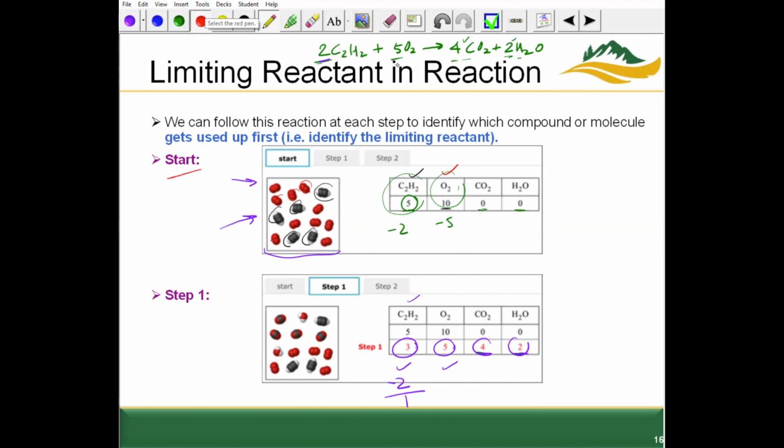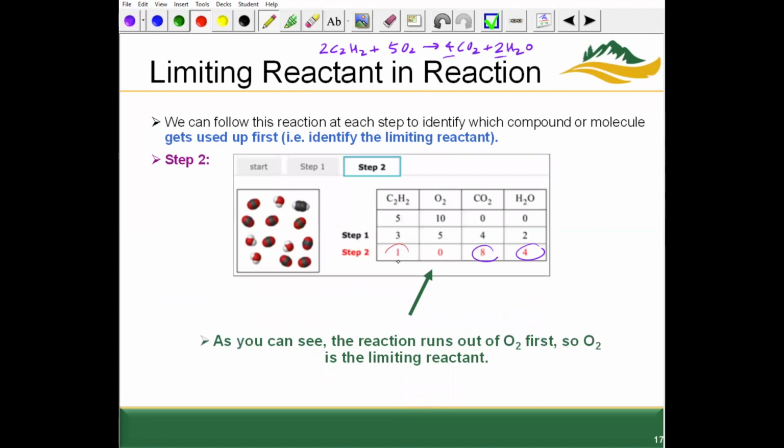For oxygen, however, we needed 5 here. So this minus 5. Then at this point, we have used up the oxygen. So here we have 1 remaining of C2H2, but we've used up all of our oxygen. So that means that oxygen is our limiting reactant, or our limiting reagent. This is how we figured it out step by step.